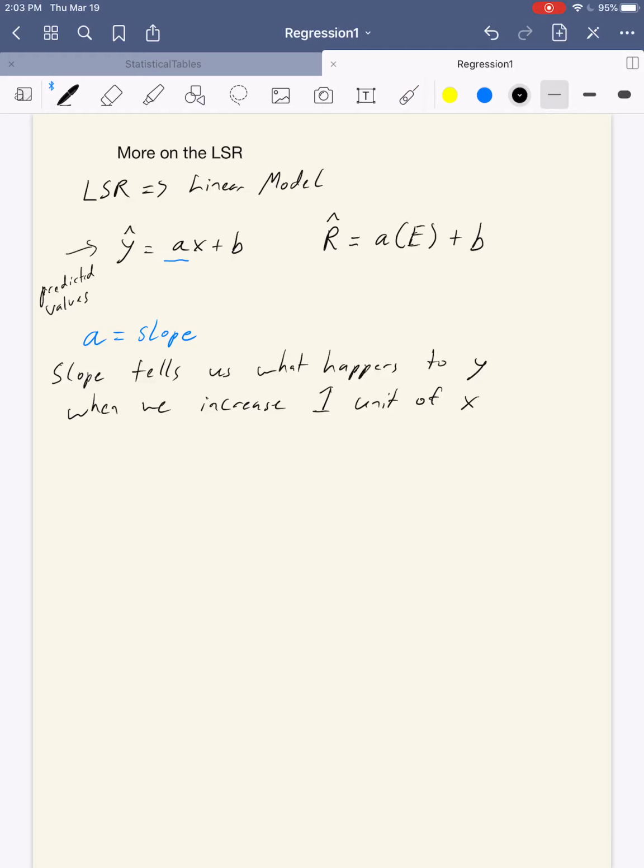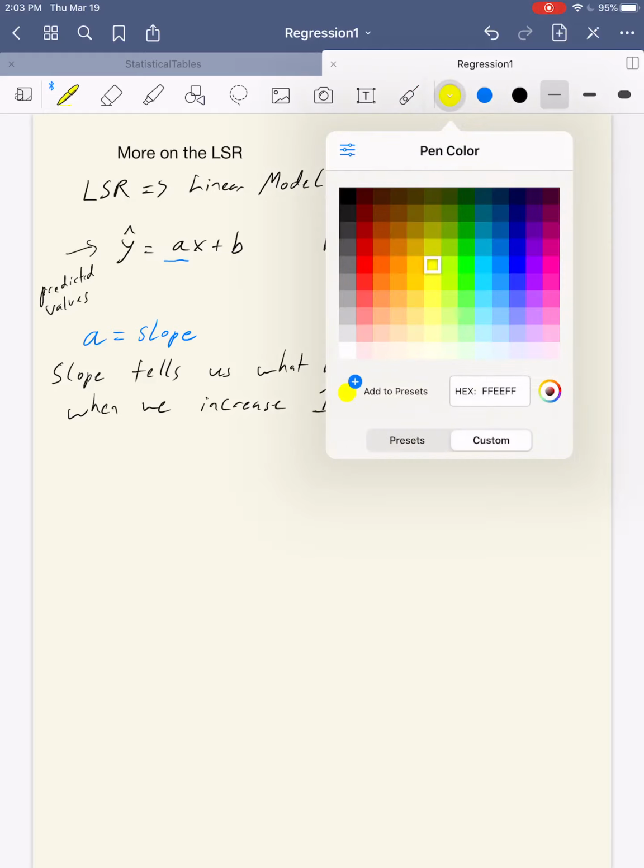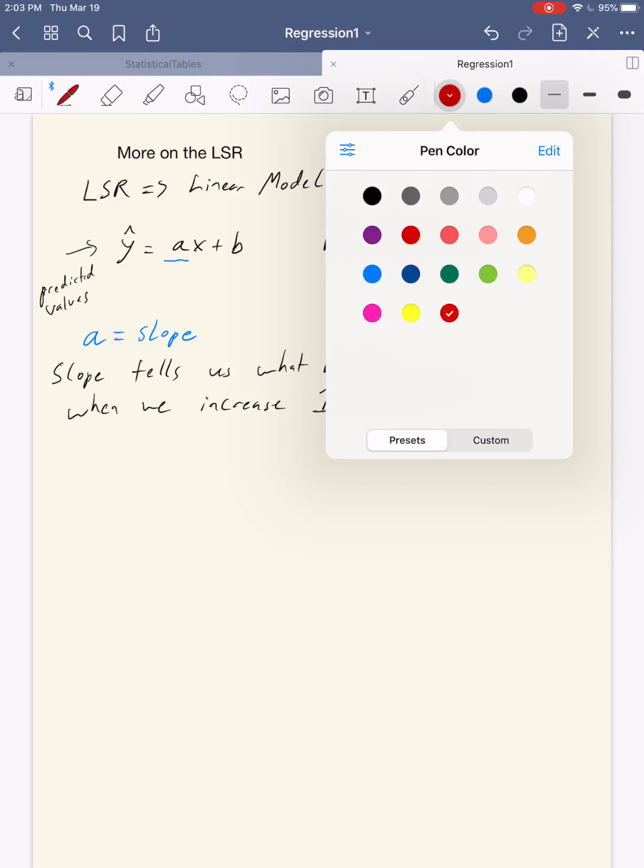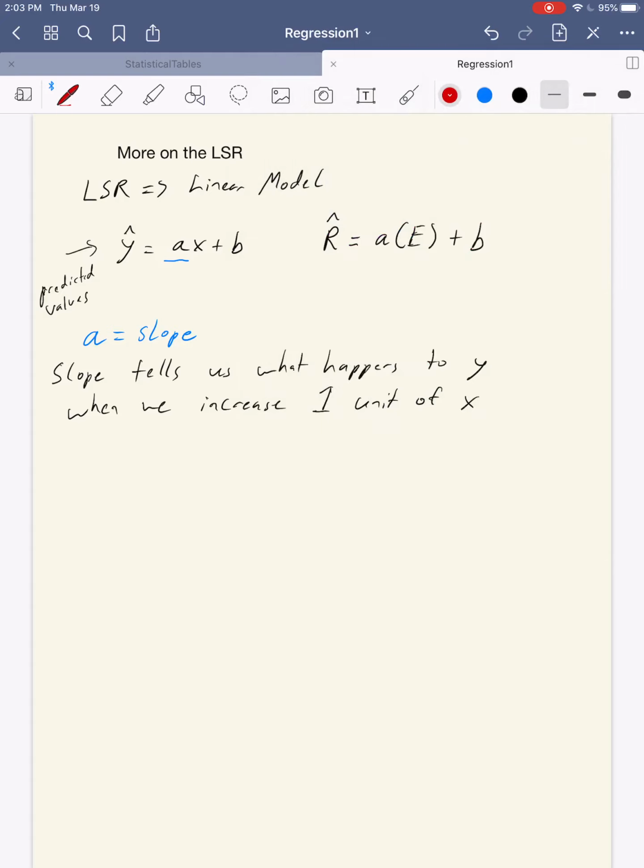All right, the other component that we want to talk about is this guy. That value b is what we call the intercept. Now, if you remember from algebra, the intercept is what happens when x is 0. And you should be able to see that.